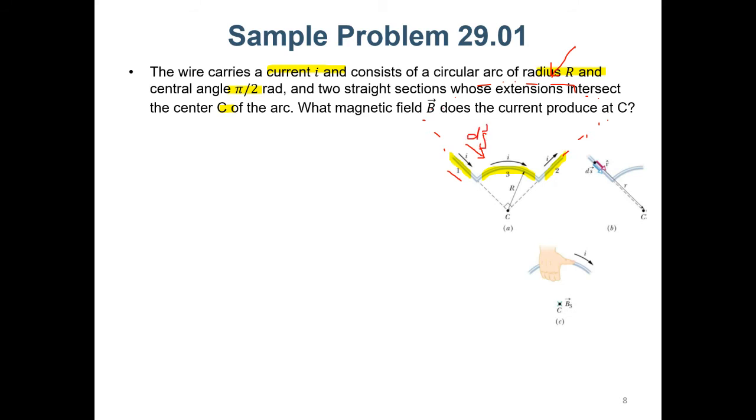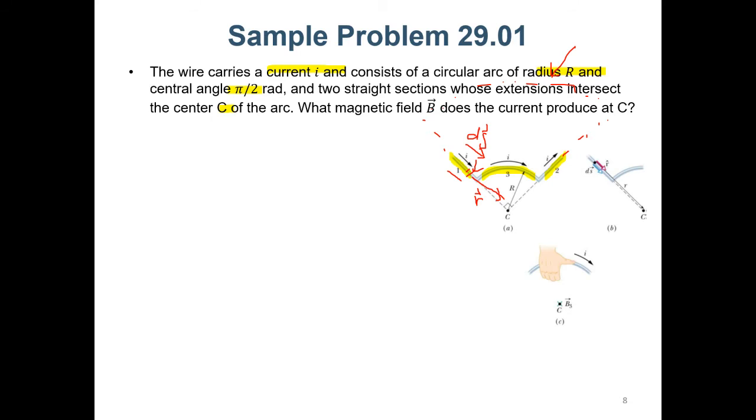And then r will look like this. So ds and r point to the same direction, which means sine theta is 0. So the B field generated by part 1 will be 0.